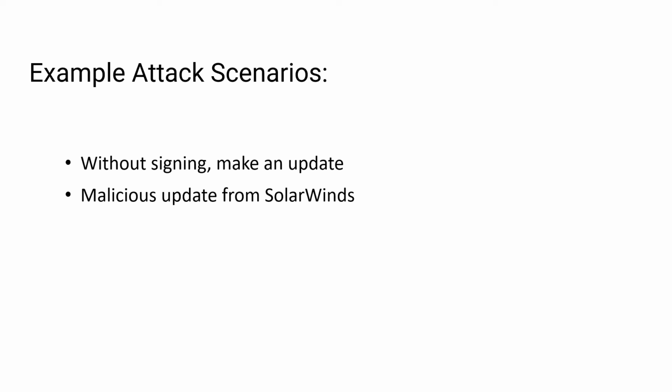With unsigned updates, the attacker gains a target, and the update mechanism accepts it. Some issues were fixed by a future or previous version that may go out without signing. This is an example of attack scenarios.